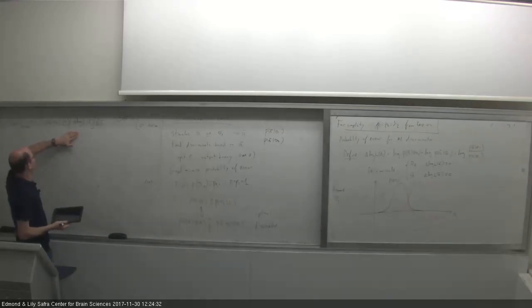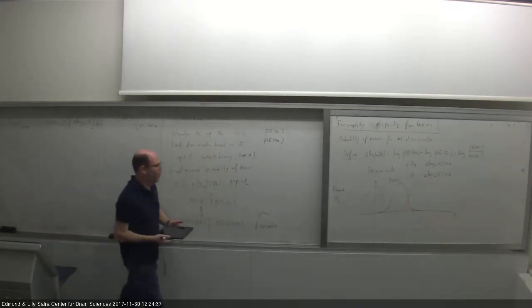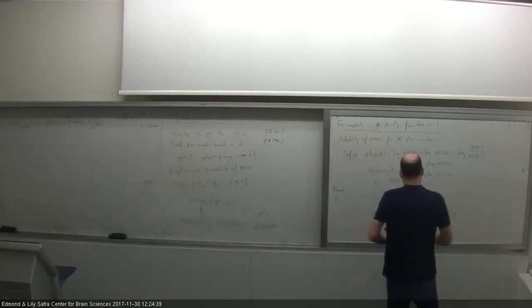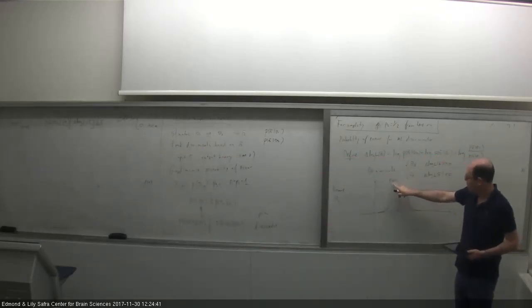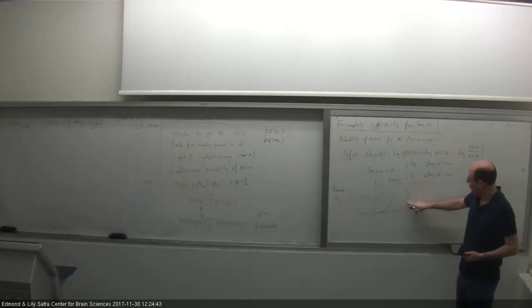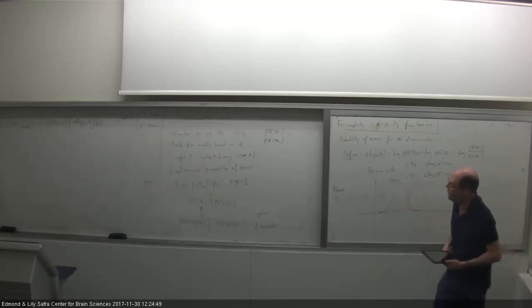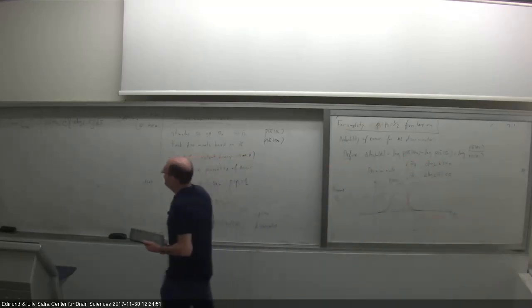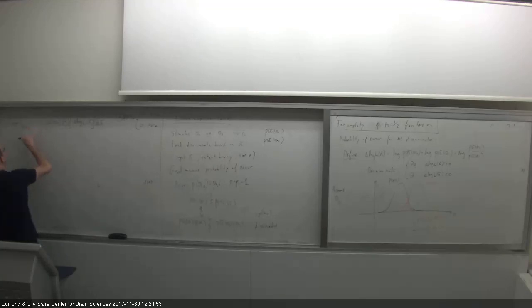So this means that I'm calculating the weight, given by the distribution P of R given theta 2, of all the r's for which delta log L is negative, because the likelihood for theta 2 is smaller than the likelihood for theta 1. So this is the probability of error if theta is equal to theta 2.